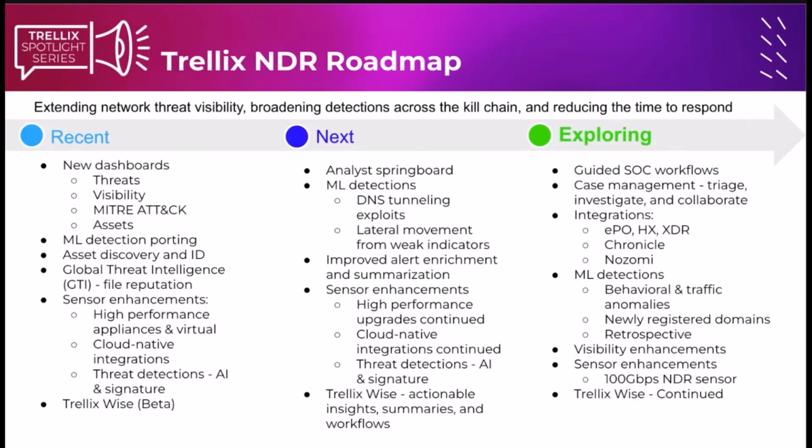Furthering our machine learning, then we've got some DNS tunneling exploits that we're detecting, and this works in conjunction with the sensors, where the DNS layer 7 traffic is intercepted and passed to the machine learning algorithms in NDR, and this allows us to detect the traffic that's being sent down a DNS tunnel to perform command and control callbacks or to do slow data exfiltration.